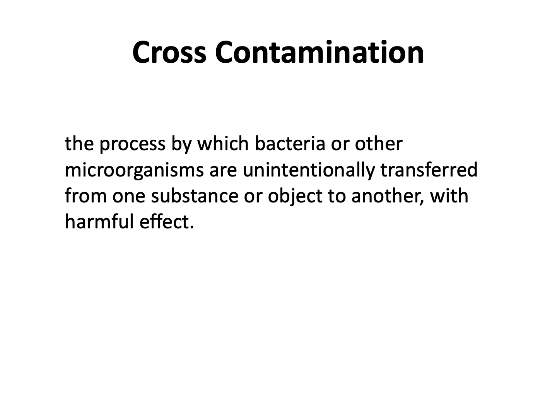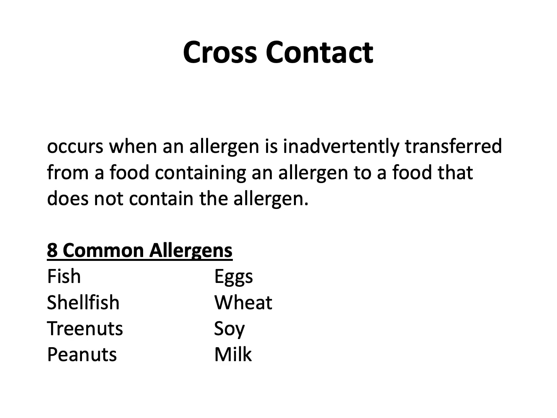Let's look at the definition of cross-contamination real quick. Cross-contamination: the process by which bacteria or other microorganisms are unintentionally transferred from one substance or object to another with harmful effect. And what is cross-contact?